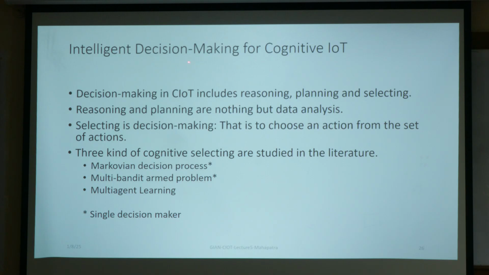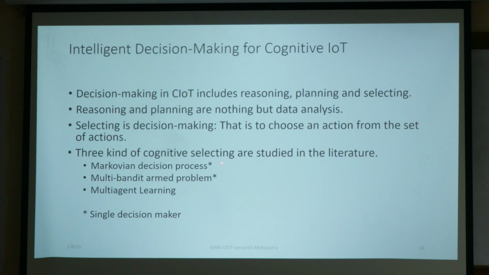Now, intelligent decision making is basically for cognitive IoT. So decision making is important. That's basically IoT, CIoT is there, right? Decision making in CIoT involves reasoning, planning, and selecting. What is reasoning? Reasoning and planning are nothing but data analysis. Selective decision making is where you choose an action from a set of actions.